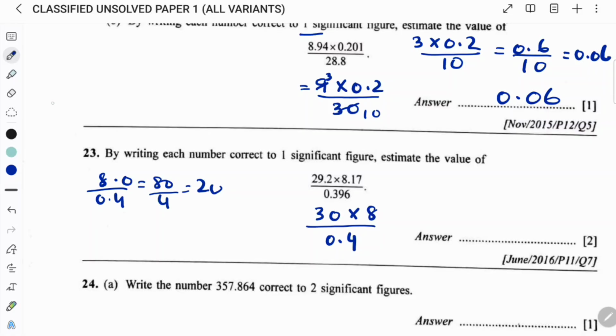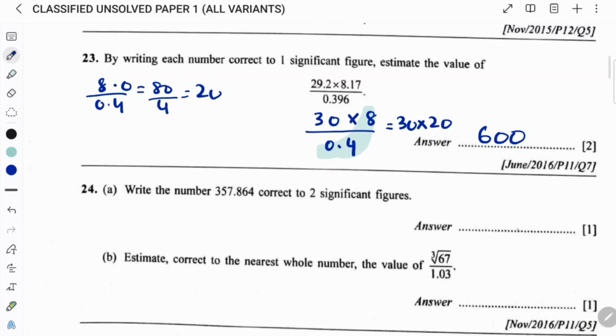So I'm replacing this with 20. 30 times 20, which is 600.